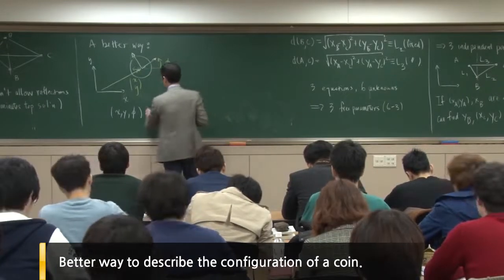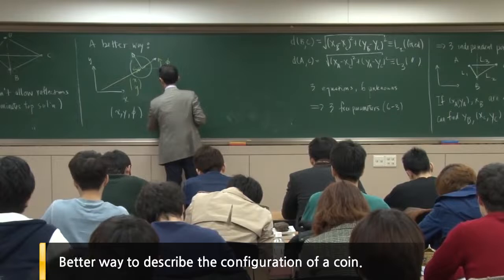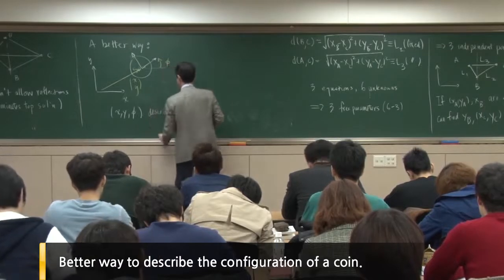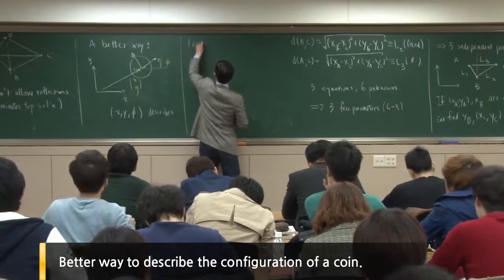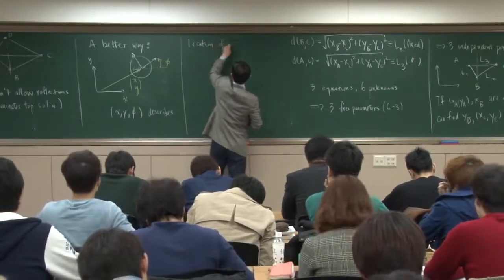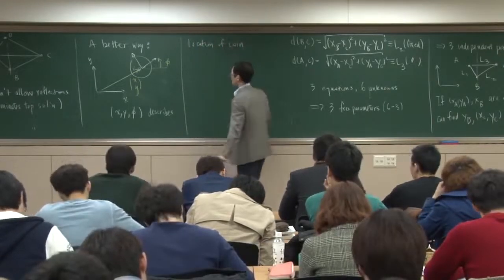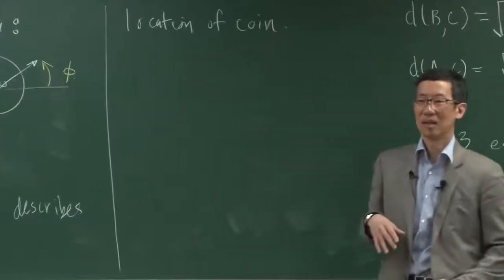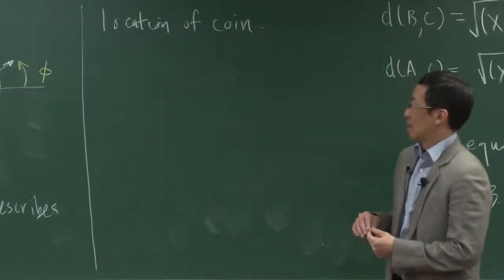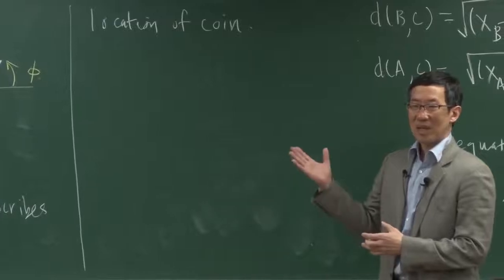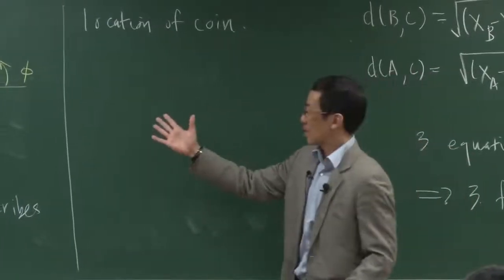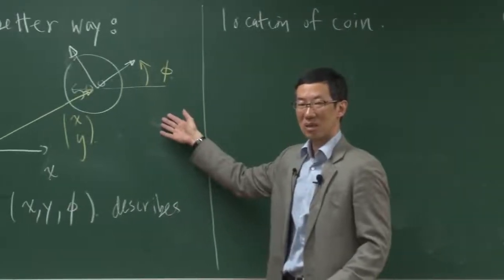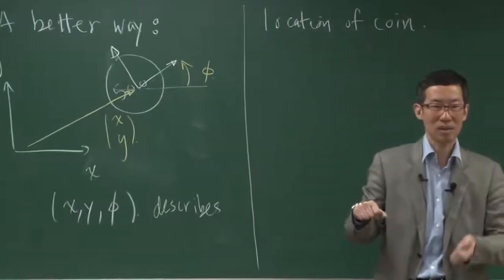This describes the location of the coin, so 3 coordinates. It's pretty straightforward. I probably didn't have to go through all this to convince you that this is a good way to do it, and it requires only 3 coordinates.